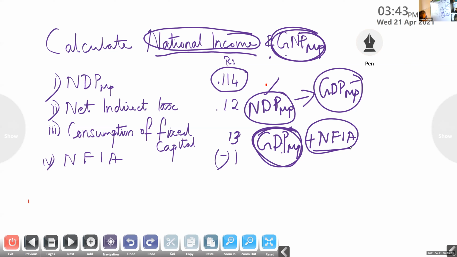Consumption of fixed capital is the same as depreciation. What have they given as consumption of fixed capital? How much have they given? 13. So if you add 13, that is depreciation, to 114, that is the NDP MP, it becomes GDP MP.